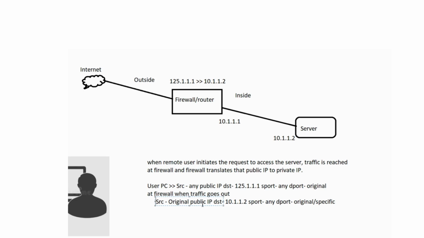Source will remain same, but destination will get changed. Now destination is 10.1.1.2. Earlier it was 125.1.1.1, and source port is any random port, and destination port will be original port. So in this scenario you can see destination IP is changed. Public IP to private IP netting happens.